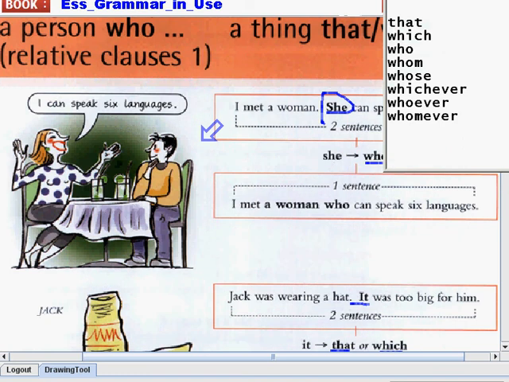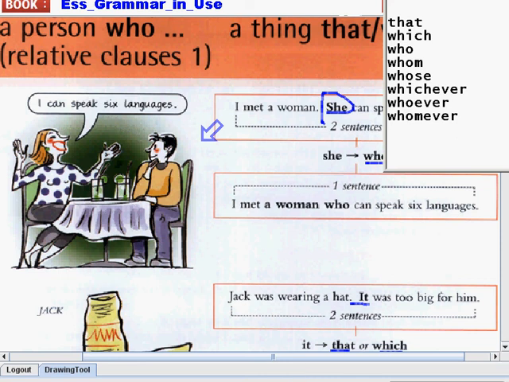Again, I'd like to emphasize the exact relative pronouns in the English dictionary. Those are that, which, who, whom, whose, whichever, whoever, and whomever. Again, a relative pronoun relates a subordinate clause to the rest of the sentence.